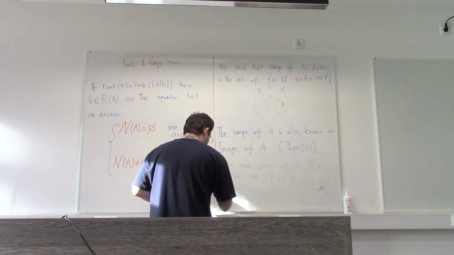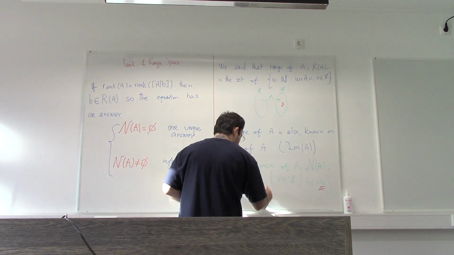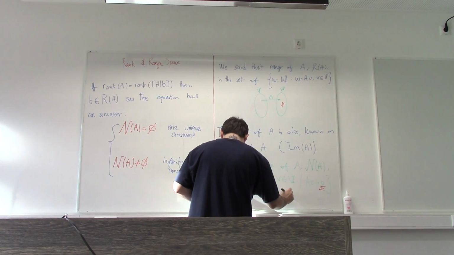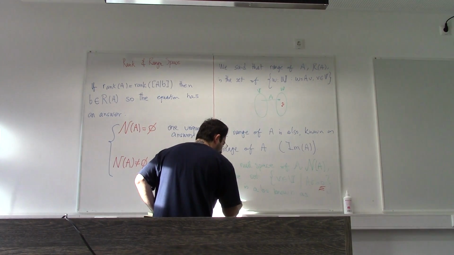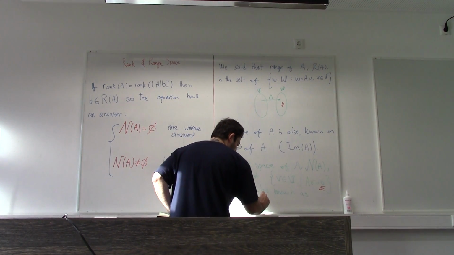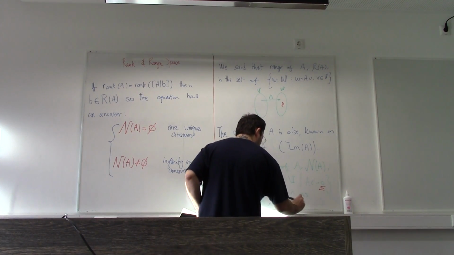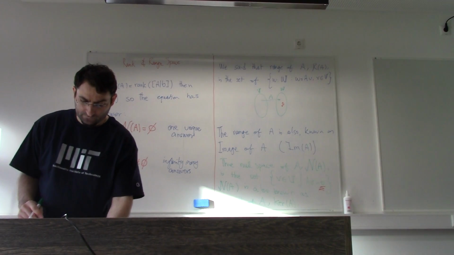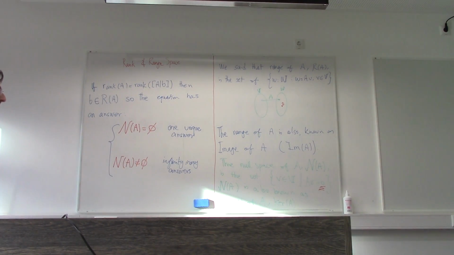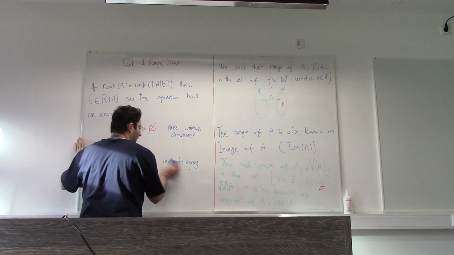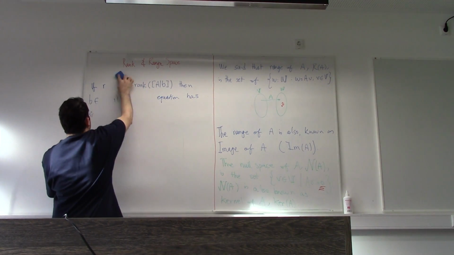NA is also known as the kernel of A, and they show it as ker A. So if you are using some books and you see that they use im A and ker A, you understand that they are the range space and null space that we had before.